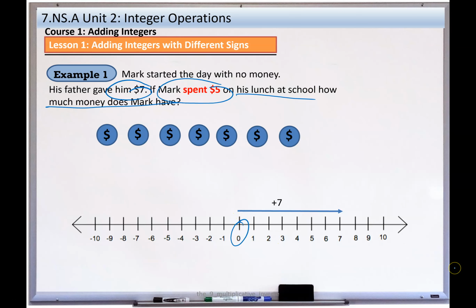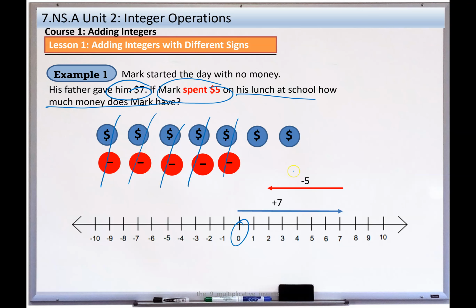His father gave him $7 and then Mark spent 5. So as we can see, we have 1 zero pair, 2, 3, 4, 5 zero pairs. What he has left over is $2. But of course you knew that. You've been subtracting 5 from 7 for a long time, right? 7 plus a negative 5 is equal to 2.